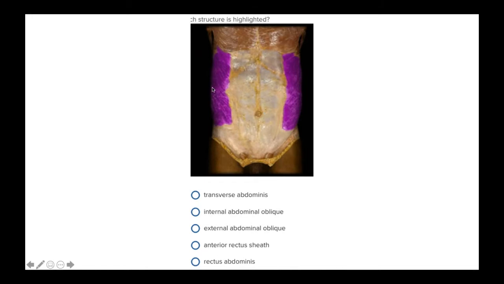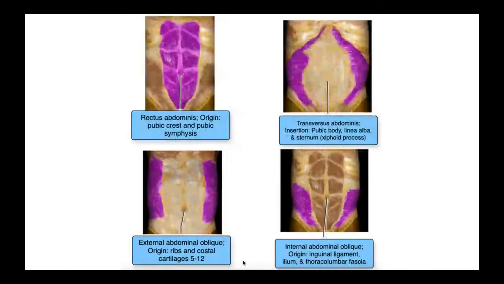Okay, now this one, if we look at the choices, we have transverse abdominis, internal abdominal oblique, external abdominal oblique, anterior rectus sheath, or rectus abdominis. So we're going to go back and forth because I want to show you here, if we look at these fibers, the transverse abdominis fibers run transversely going across.